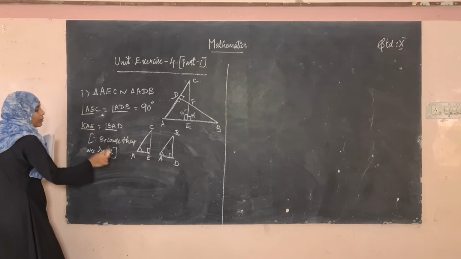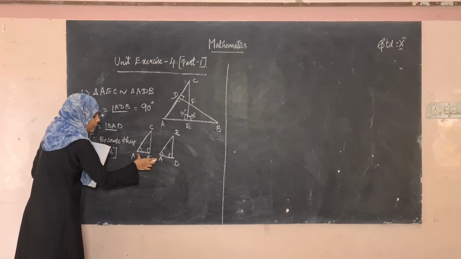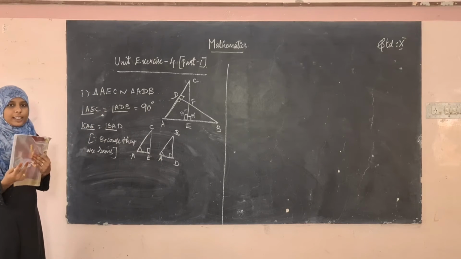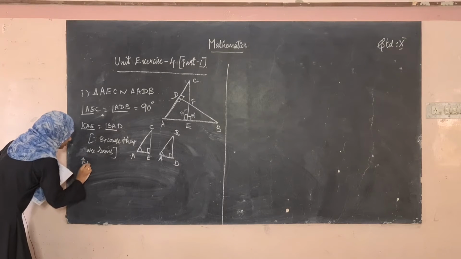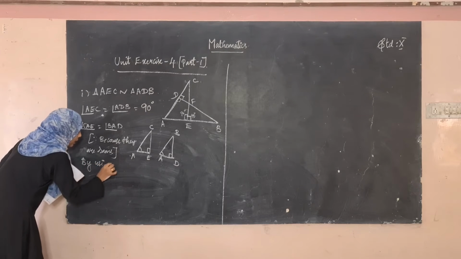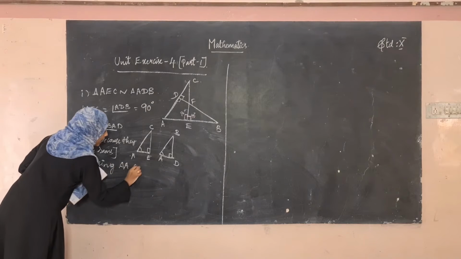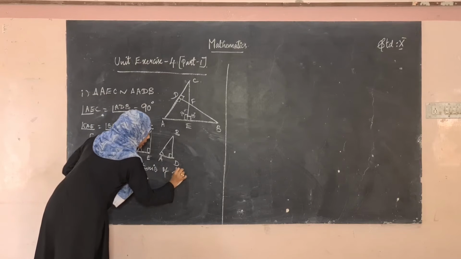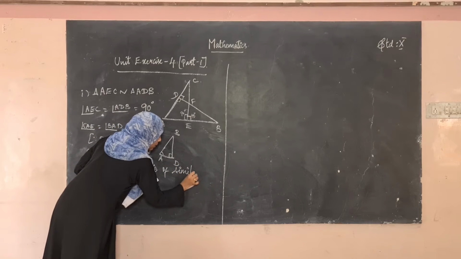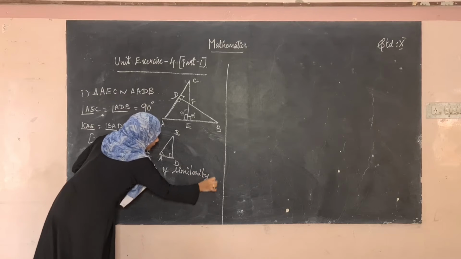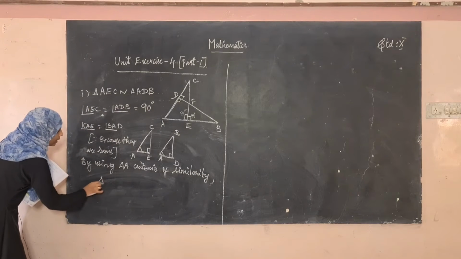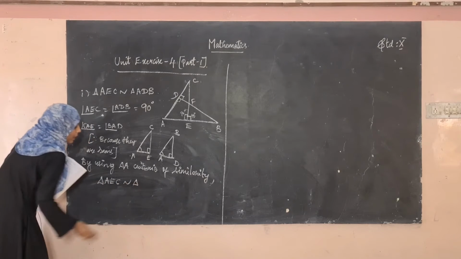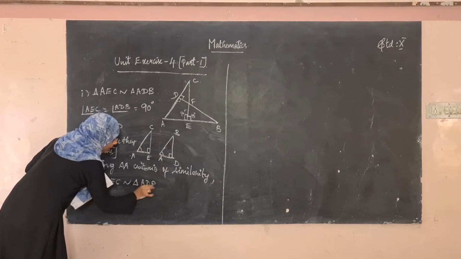See here, from these two triangles we said that two of the angles are the same. If two of the angles are the same, by using the AA criterion of similarity, we can say that triangle AEC is similar to triangle ADB.